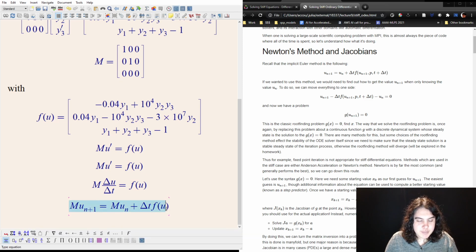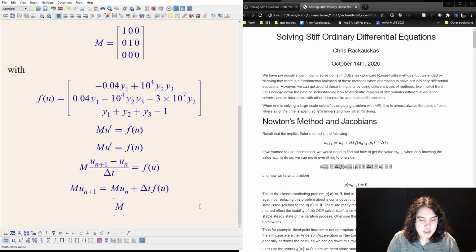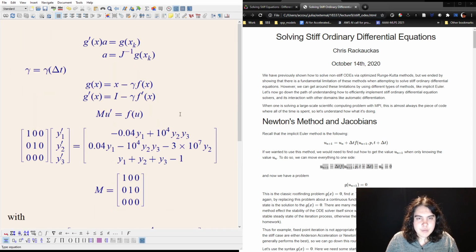If we keep M inside this equation, because this delta u becomes u_{n+1} minus u_n, then this is what we get. We move everything over, and now if we look at the implicit system that we get, we have M u_{n+1}. Let me write this down correctly. This is the implicit system, which means that now we have g(x).